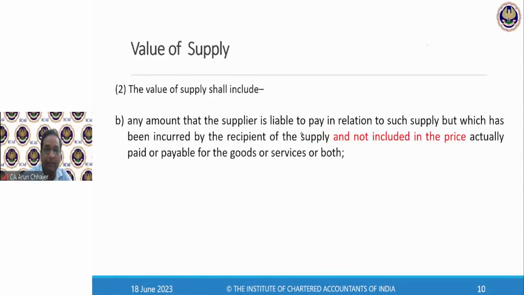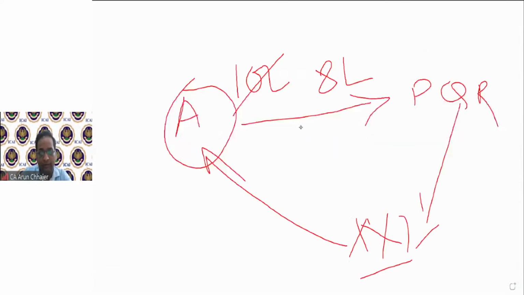Is it clear? Please confirm once, or kindly raise the counter question, no problem. So the only point is whether this value has been reduced from the invoice or not.